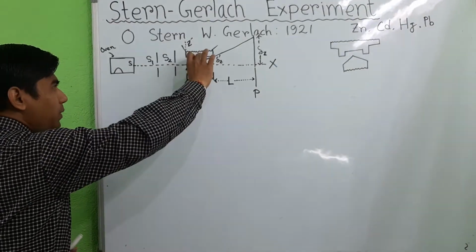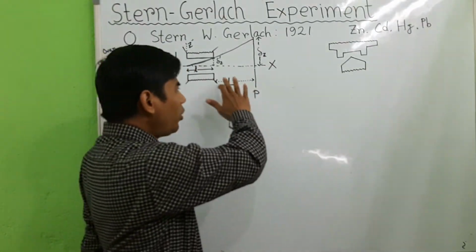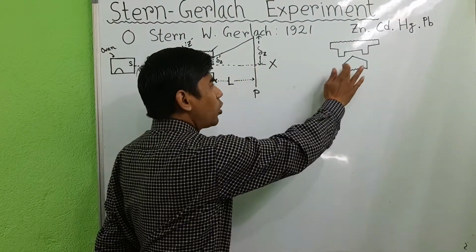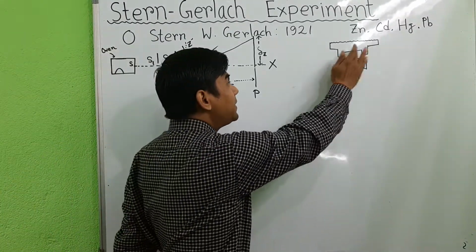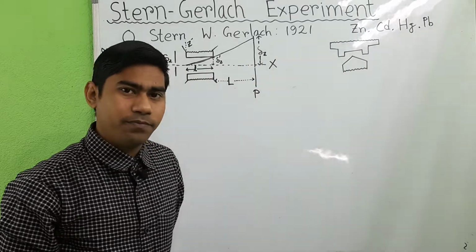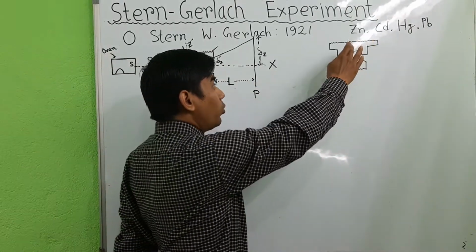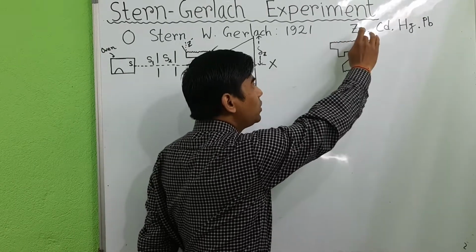The pole pieces are of a special shape. One of the pole pieces is in the form of a knife edge, with the edge in the direction of motion of the silver atoms, and the other pole piece has a channel cut parallel to this edge.